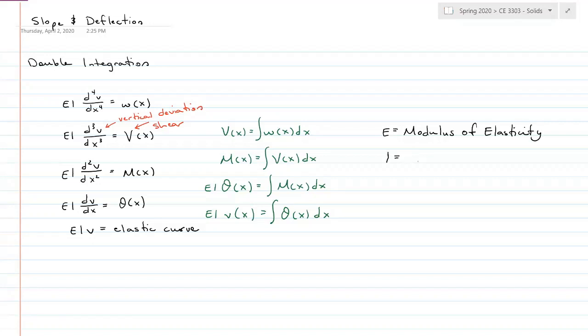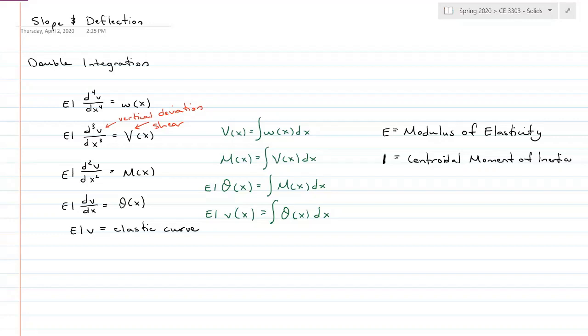And I is still the centroidal moment of inertia for the cross section.